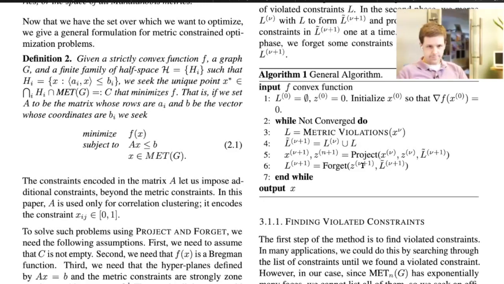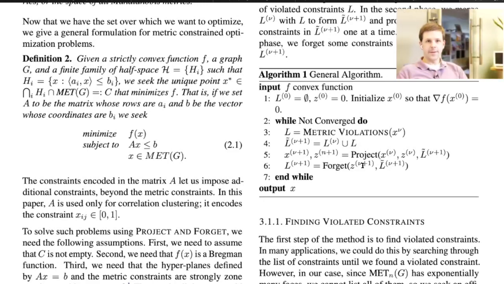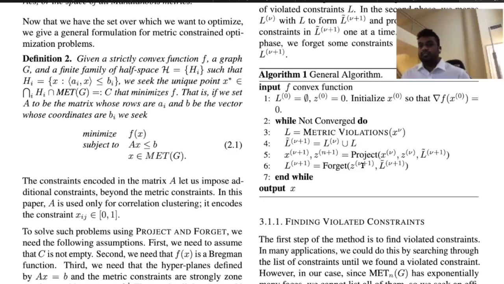In a lot of these problems, you might have n cubed total constraints, but your active constraints are more like n or n squared, which is a big difference. And the variable Z, is that something like dual variables? Yep, Z is a dual variable. All right, got it.